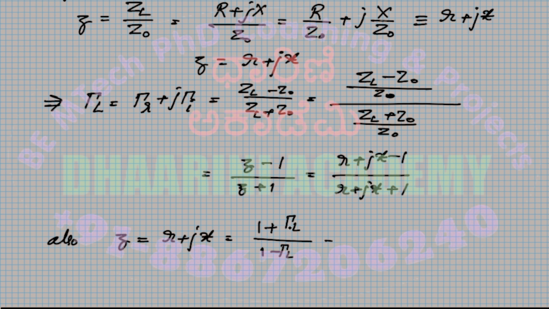I know that the reflection coefficient itself is a complex number, so I can write it as 1 plus gamma R plus j times gamma I, sorry, the imaginary part, divided by 1 minus the real part of the reflection coefficient minus j times the imaginary part.